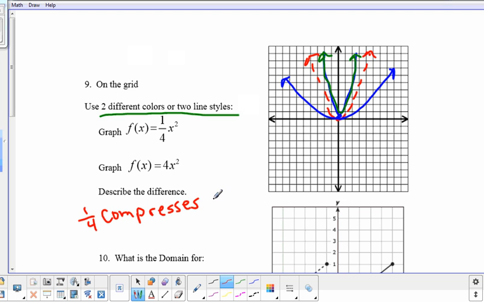Compresses down, 4, and this is times. That's like your g of x equals a times f of x. Anytime you're multiplying, see your parent function right here, it's being multiplied by an a. It causes it to dilate or compress. So 4 dilates up or stretches.